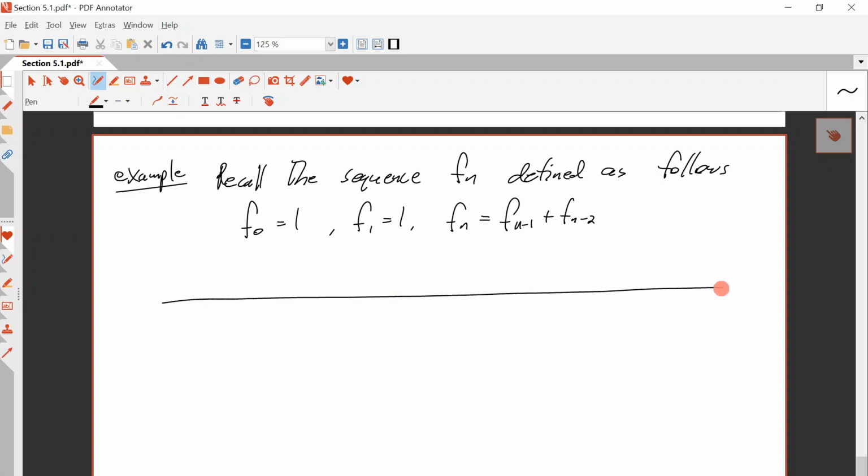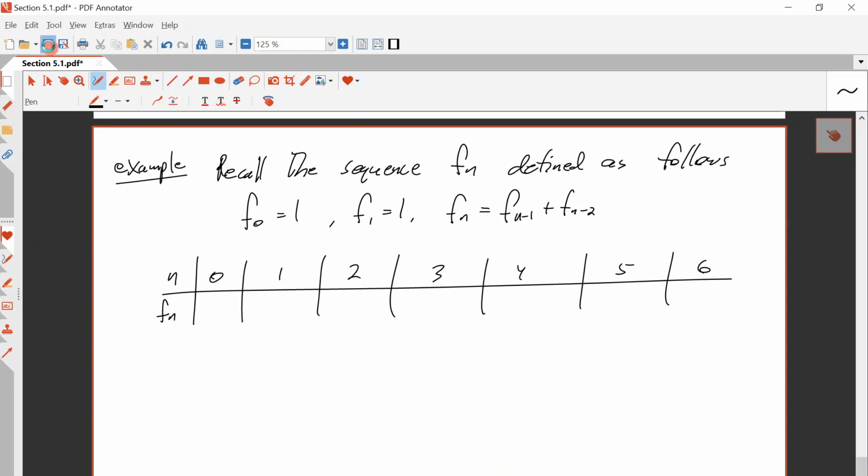Right, so the table for it looked like this, with n equal to 0, 1, 2, 3, 4, 5, 6. So this was 1, 1, 2. Sum of these two is 3. Sum of these two is 5. Sum of these two is 8. Sum of these two is 13. So on and so forth.